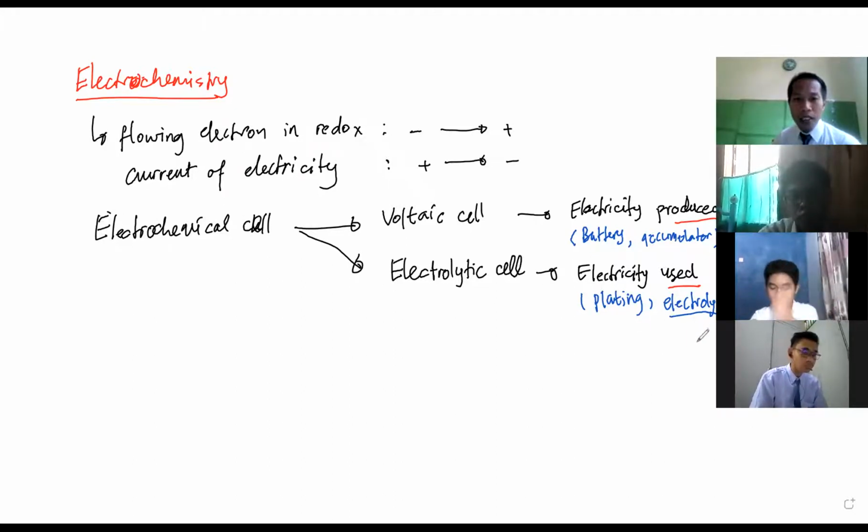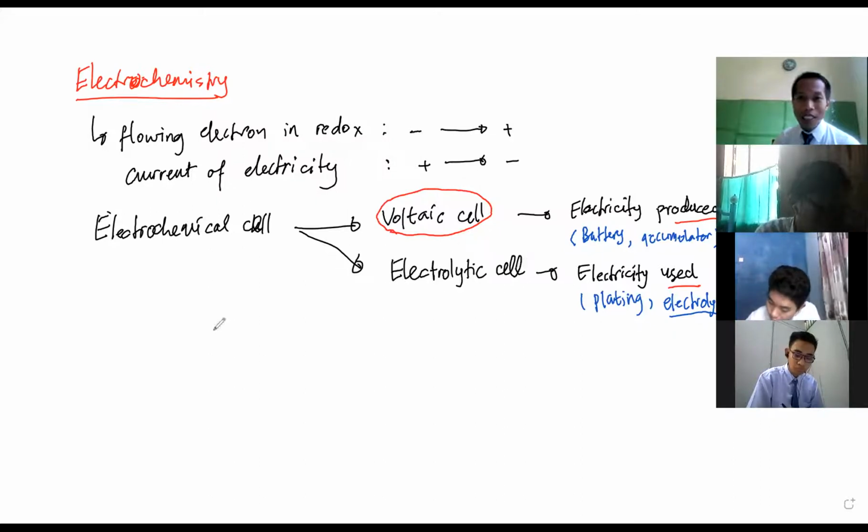Let's proceed first with the voltaic cell. First, I'm going to explain this voltaic cell, and the electrolytic cell in the second part. But I think this week we are going to talk only about the voltaic cell because there are so many things that you have to learn here.